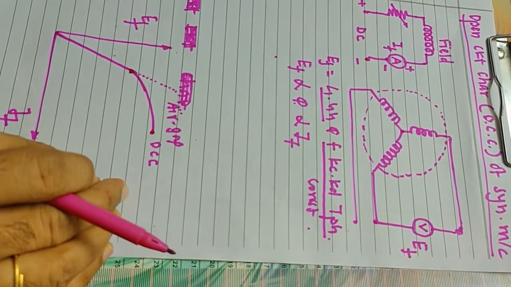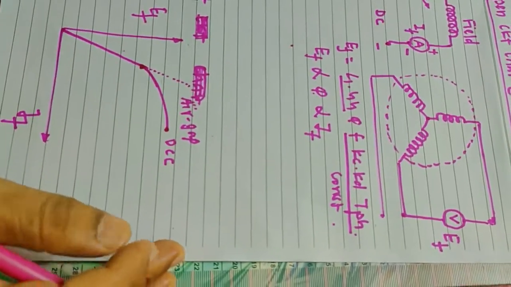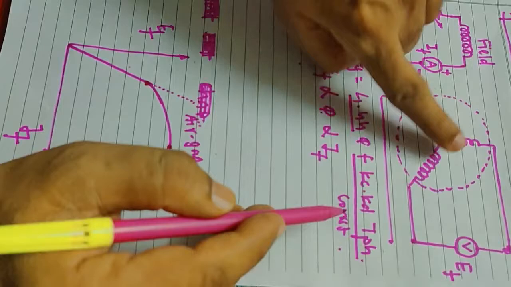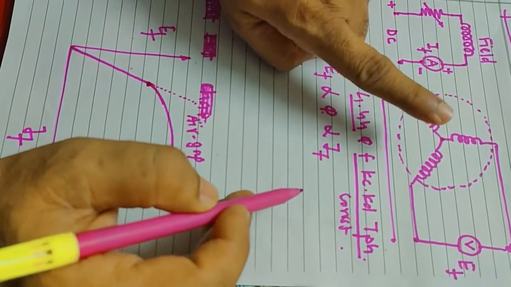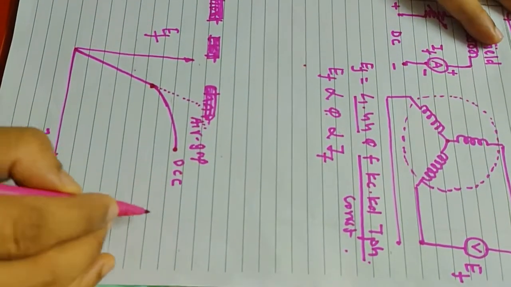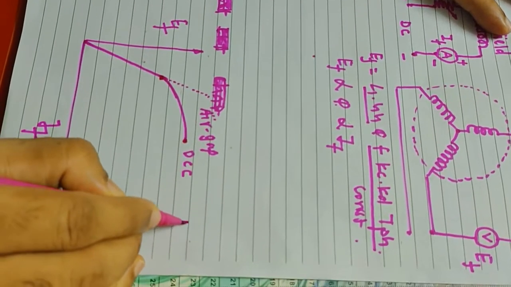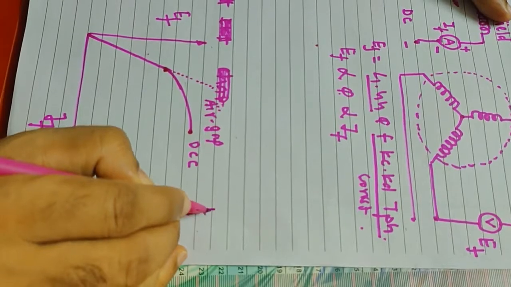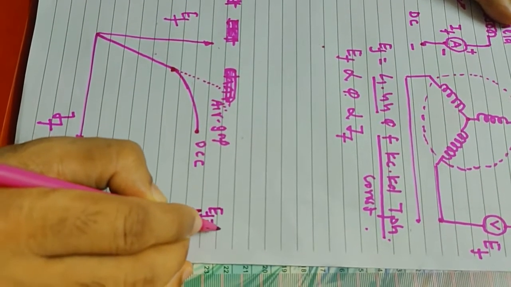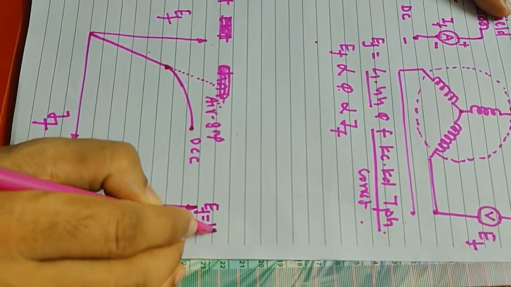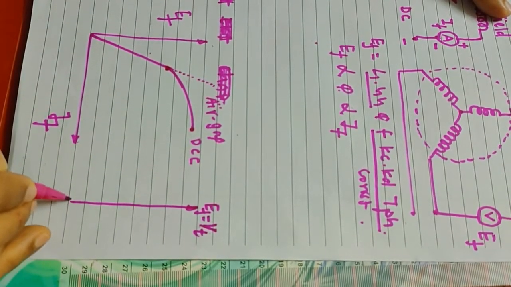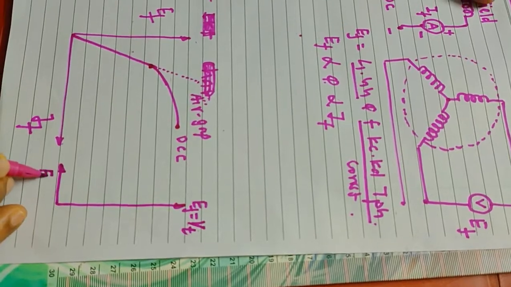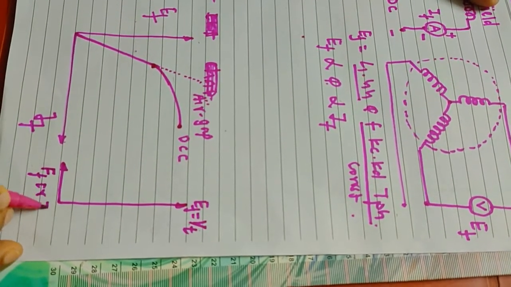If we plot the phasor diagram at no load test, there will be no voltage drop in the armature circuit. So the phasor diagram is like this. This is the terminal voltage VT, equal to EF, and EF is induced because of the field current or field MMF FF.